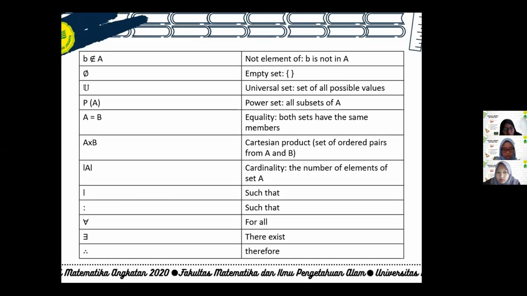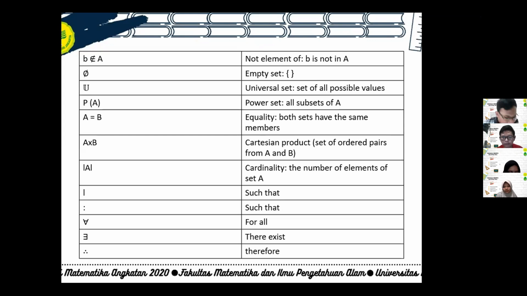Symbol power set. Set A has the same members as set B. And symbol cardinality uses absolute value marks. And then symbol such that, colon, such that, to symbol for all, there exists a.